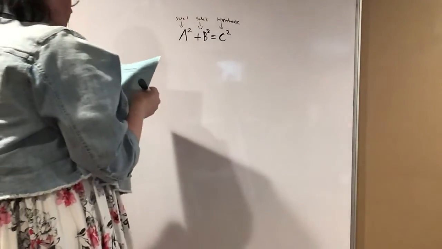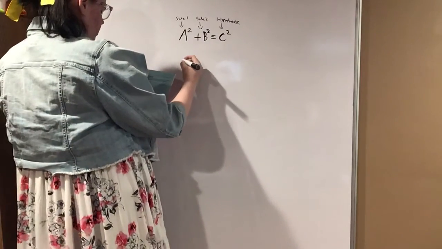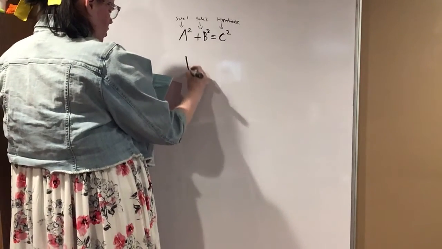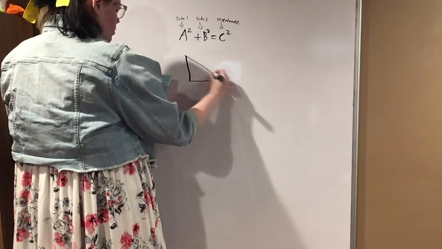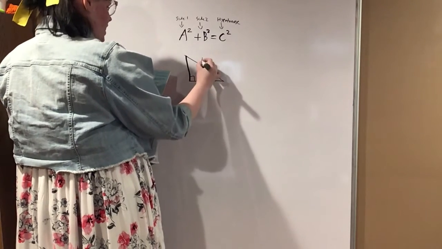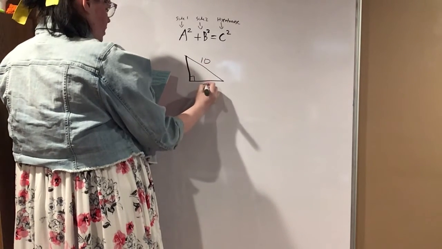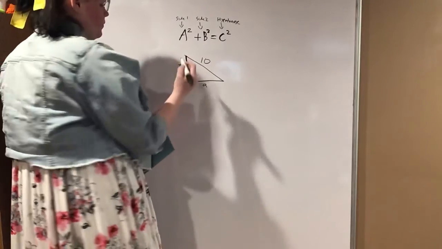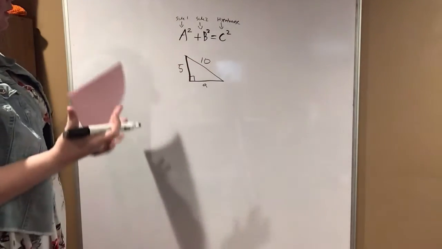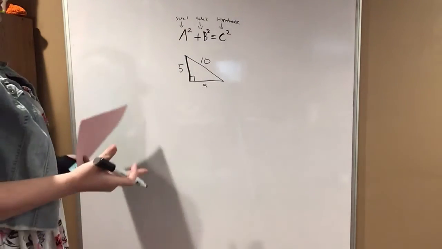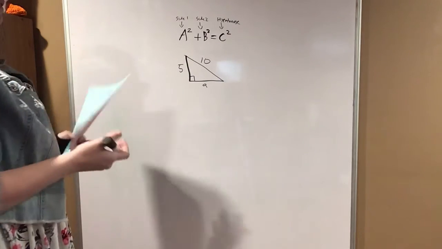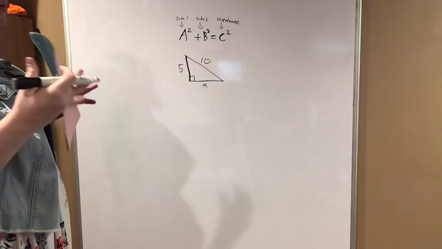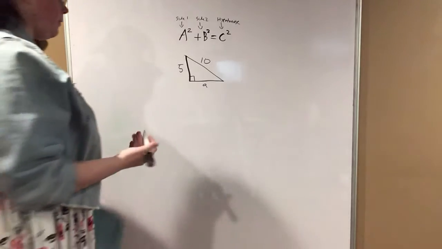So let's look at one like this, where we're giving you this triangle where we have 10, A, and 5. Right here, they're giving us the hypotenuse, and they're giving us side B. They haven't given us side A, so now we have to do a whole different kind of solving.